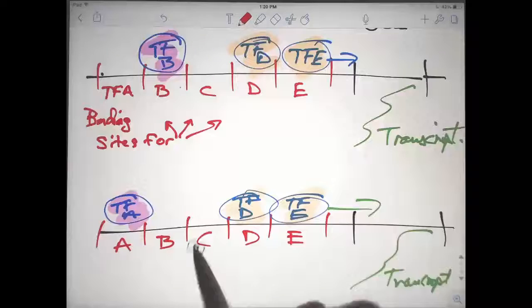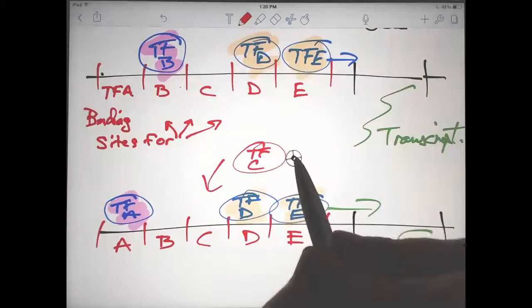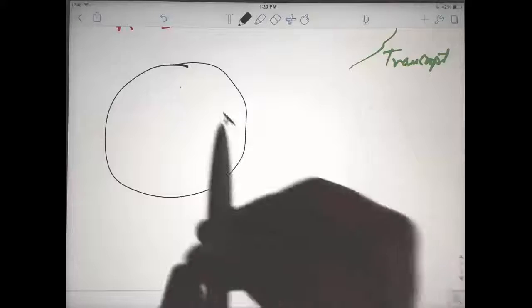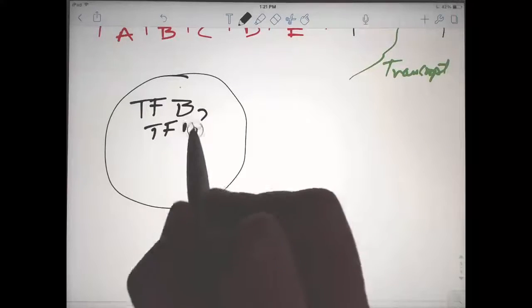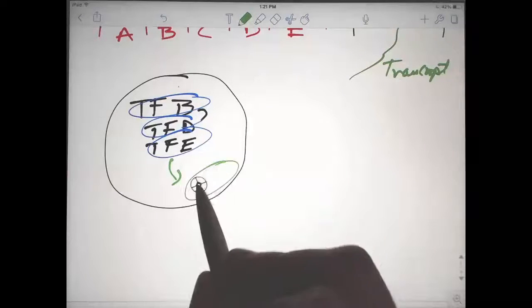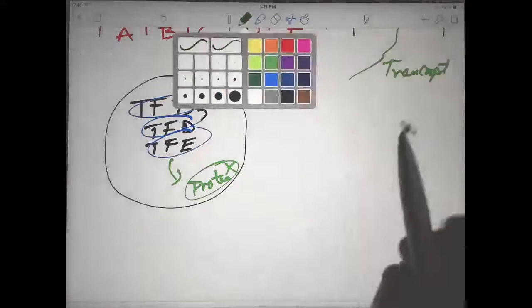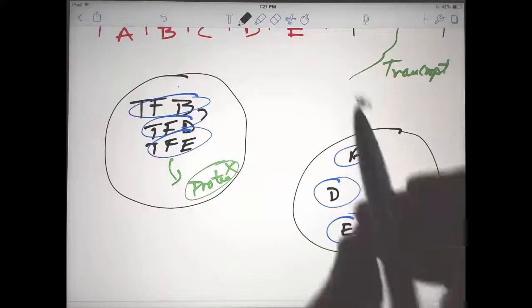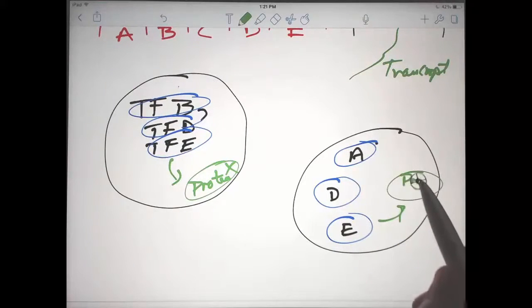And it could be that if there's binding by TFC, that always represses. So the result could be, at one stage of development, TFB, TFD, and TFE as proteins, all present, you wind up with protein X. And at a different stage, at a different place, it might be A, D, and E, and the result of the combination is protein X. The result of this is it means that different combinations of transcription factors can mean that early in development, maybe you have transcription factors A, D, and E, and that causes protein X to be expressed.